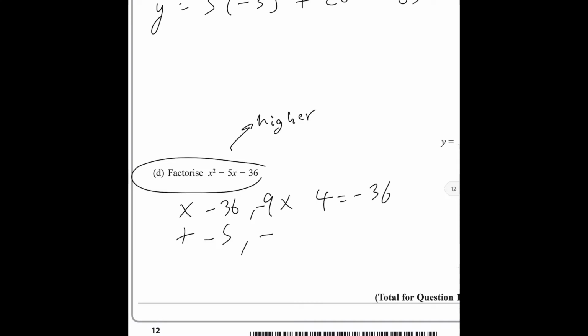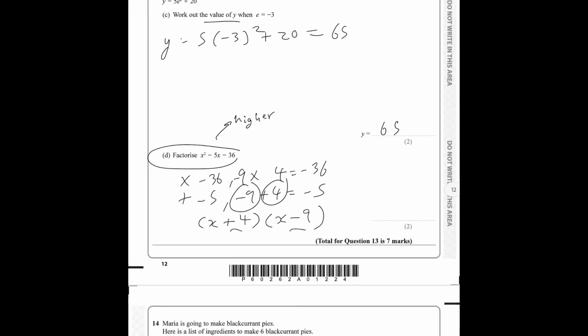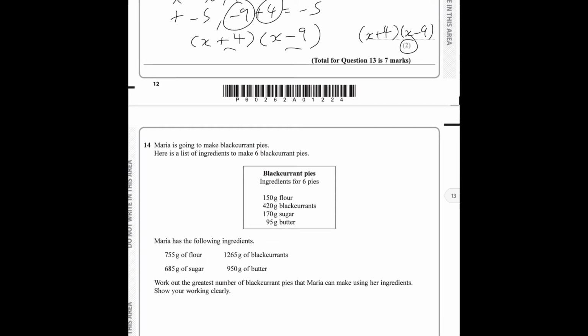Minus 9 times 4 gives you minus 36, minus 9 plus 4 gives you minus 5. So you just got to make an assumption like that. So you have x plus 4 and x minus 9. So x plus 4 brackets x minus 9, that should score you some good 2 marks.